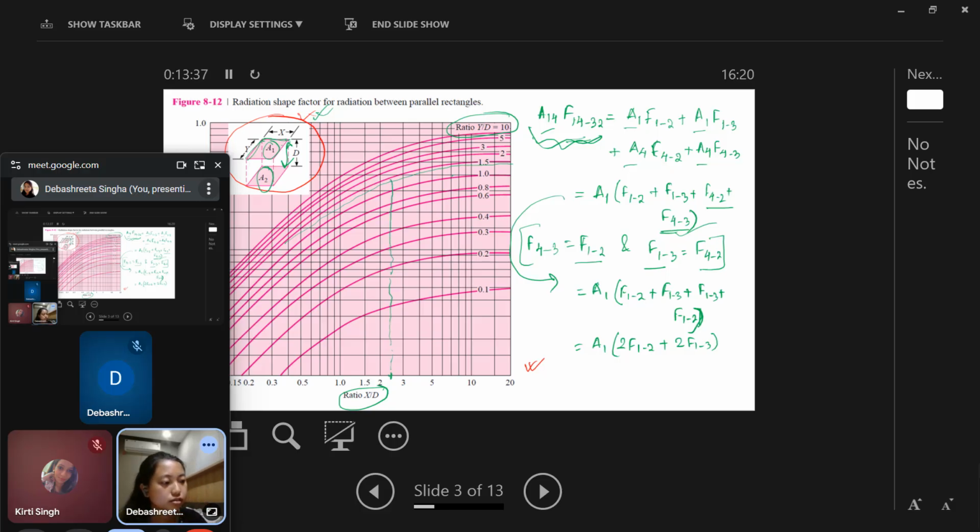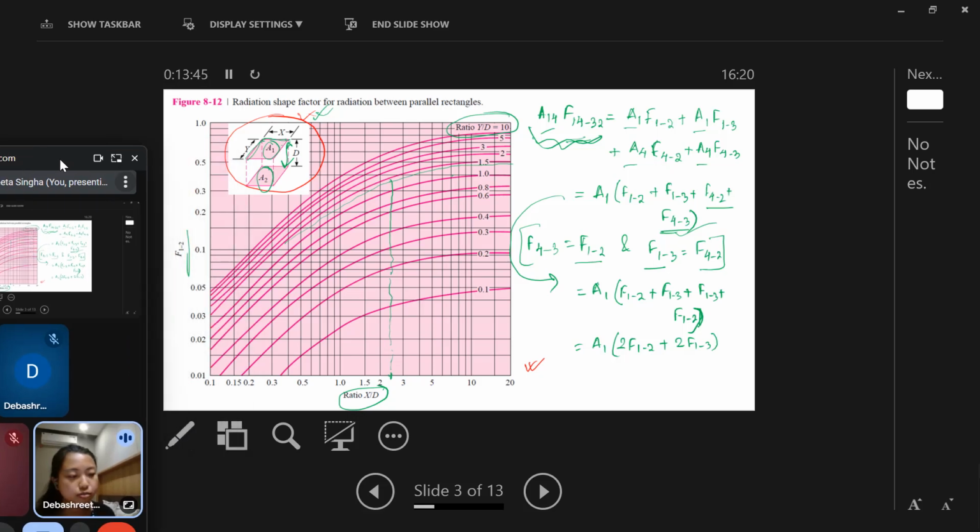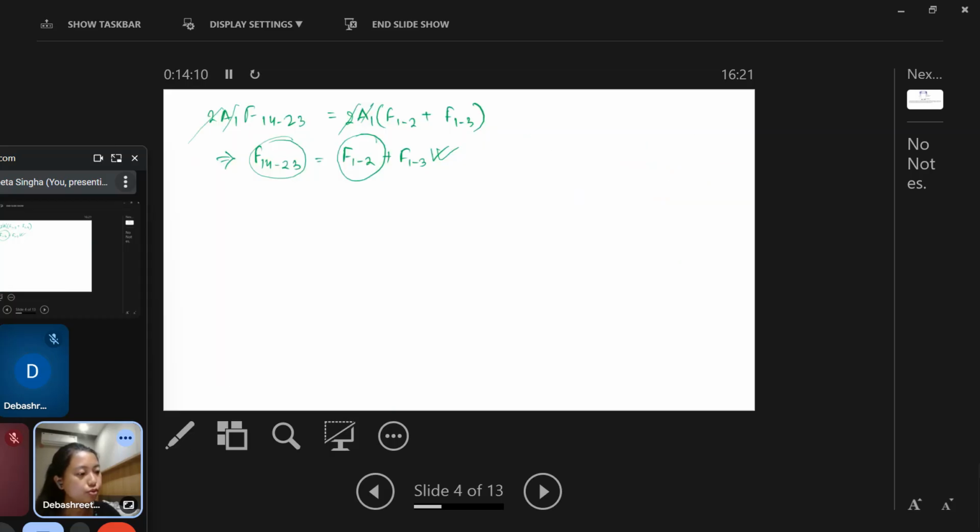But such a graph should be provided to you if such questions come in the exam. So if I extend this, we directly get this F1423 here, and it should come around 0.38. This depends on your graph paper and how you are plotting. Whatever value you get on the y-axis, that will be F1423. So this is 0.38.